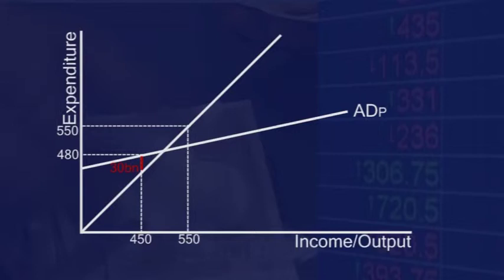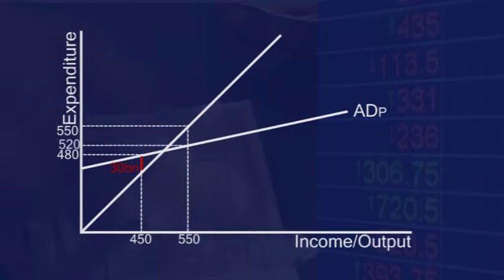Now let's suppose that we're in an economy where 550 billion is being produced. We can read off the planned aggregate demand curve that if national income is 550, the amount of demand is only 520.